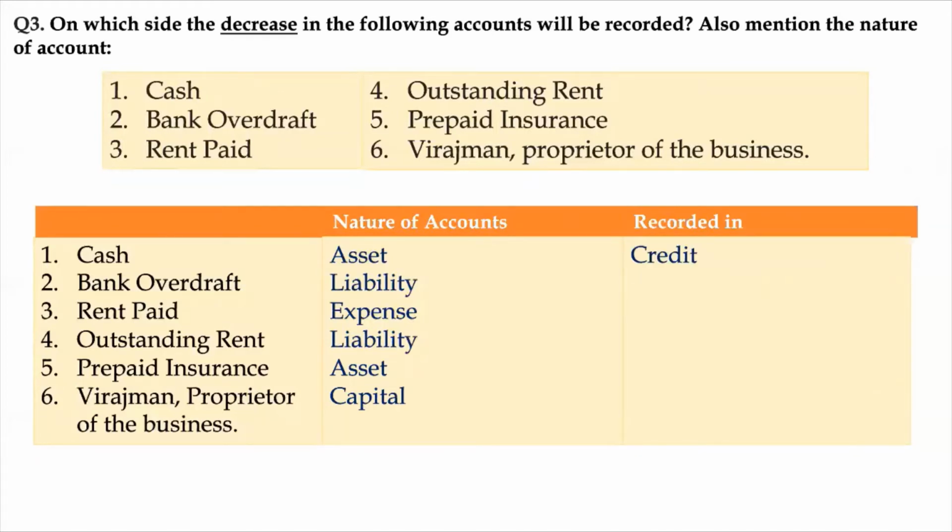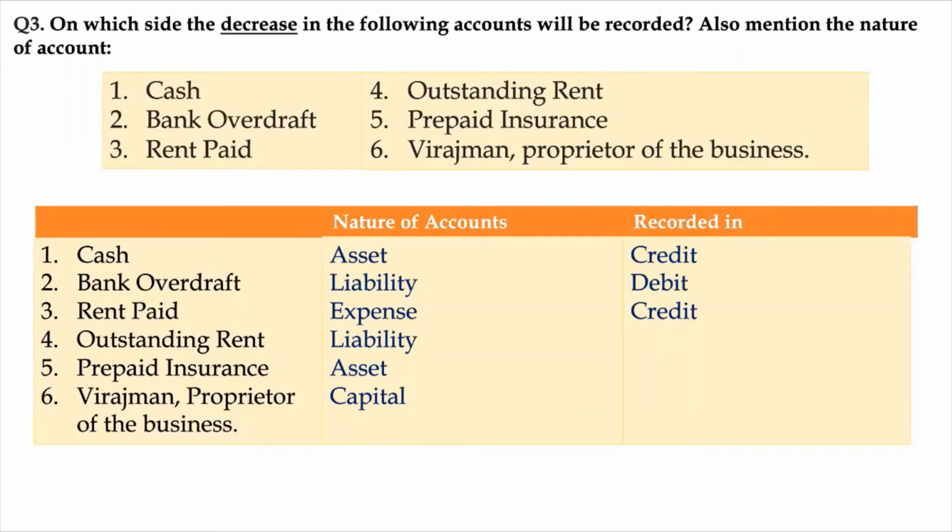Okay. Now, second, bank overdraft. Bank overdraft is what? It is a liability. And if liability decreases, it will be debited. Third point, rent paid. It is an expense. And if expenses decrease, it will be recorded in the credit side. Next is outstanding rent.